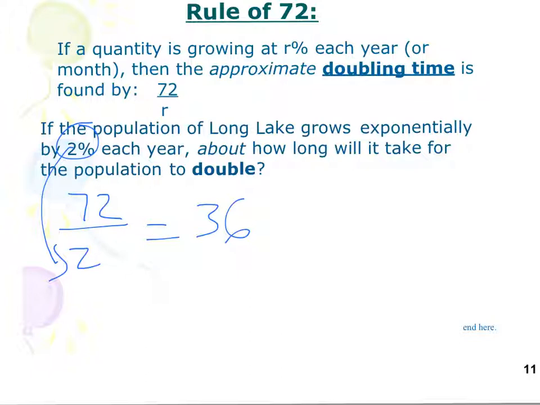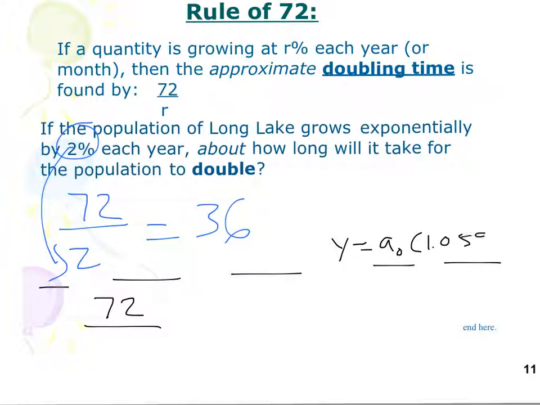Now, just to give you an example of this with the problem that we saw, we started the whole lesson with an example on doubling time. I'm going back to the very first one where we saw that it was the starting amount times 1.059 to the t power. It was the bank account that was doubling every 12 years.